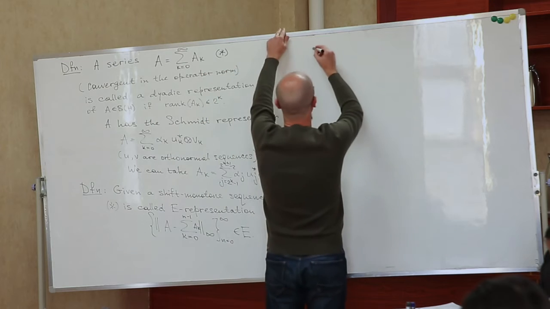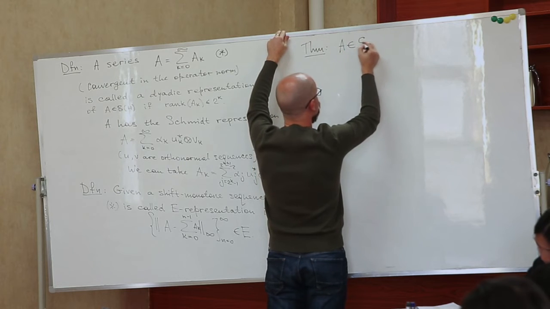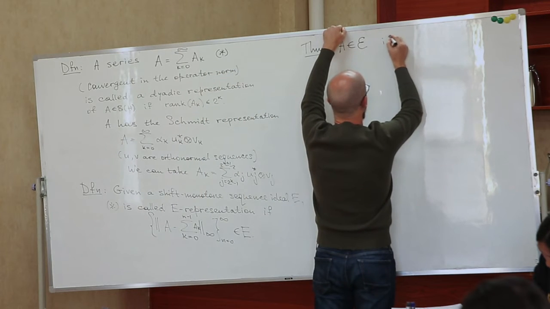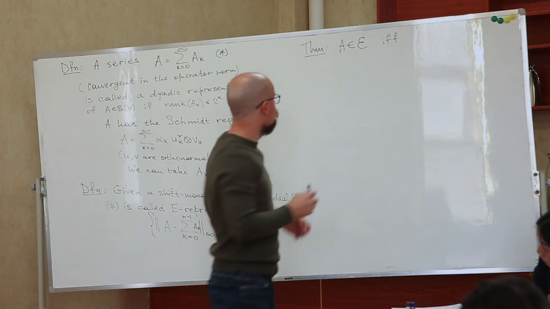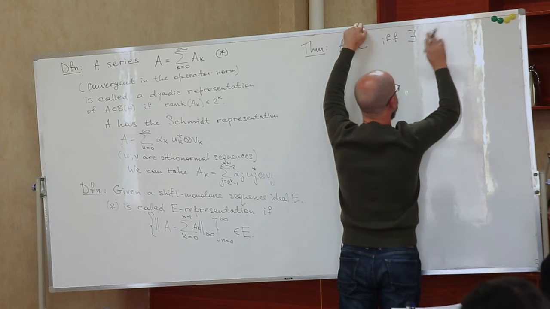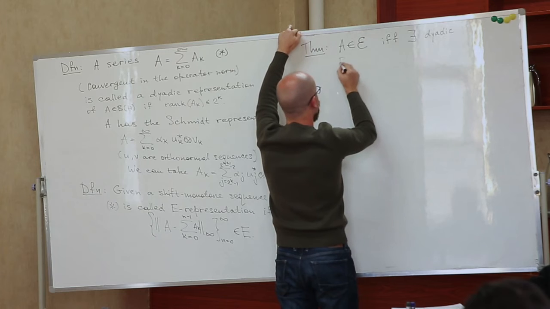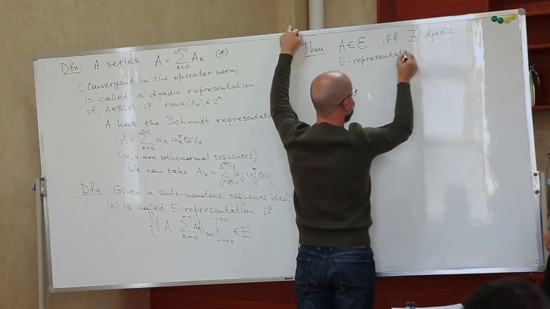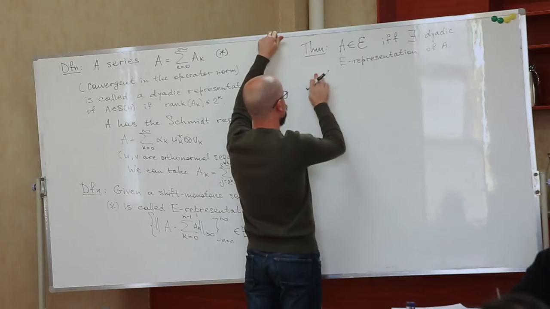So the first theorem will be that the operator A belongs to the symmetric operator ideal if and only if there exists a dyadic E representation of A. Let's do this proof.